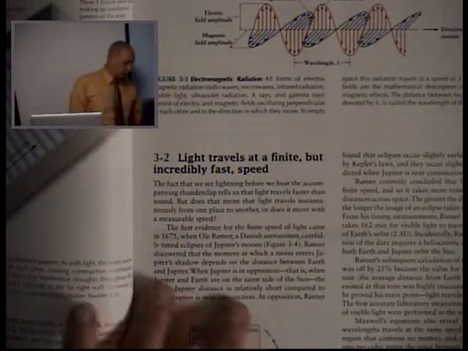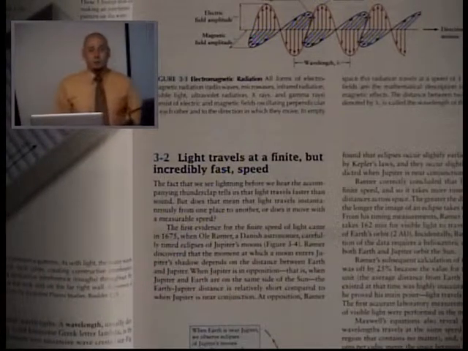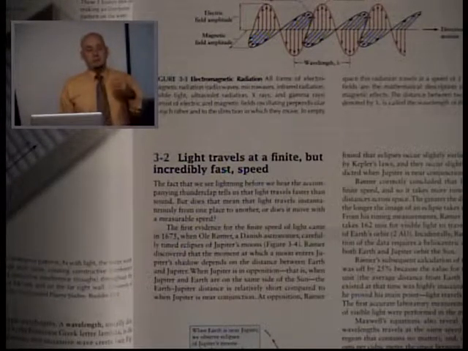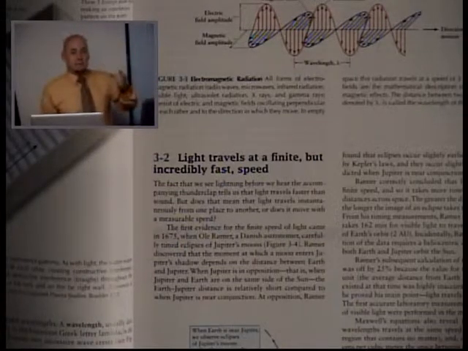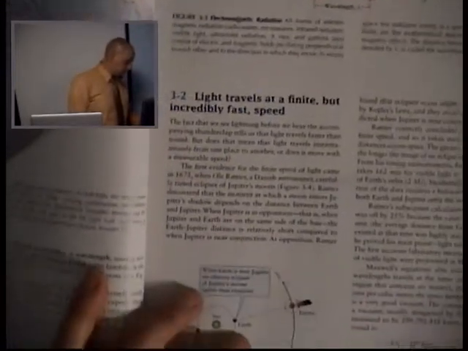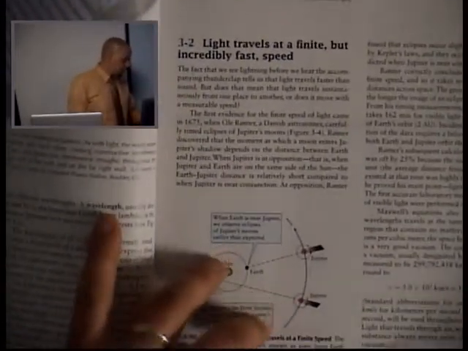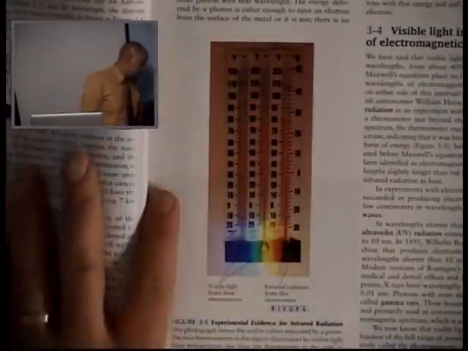That speed limit is about 186,000 miles per second. That's a staggeringly fast speed. It takes less than a second and a half for light to get from the Earth to the Moon, which is very, very far away on human scales. But it is fast, although it is a set limit.